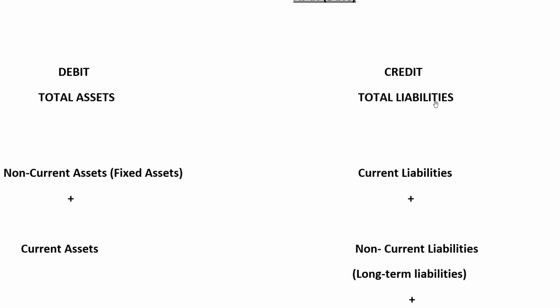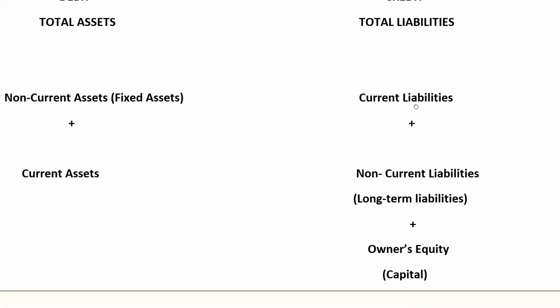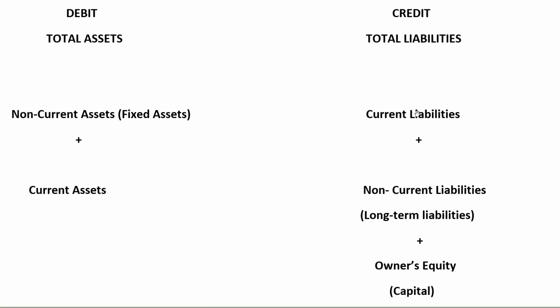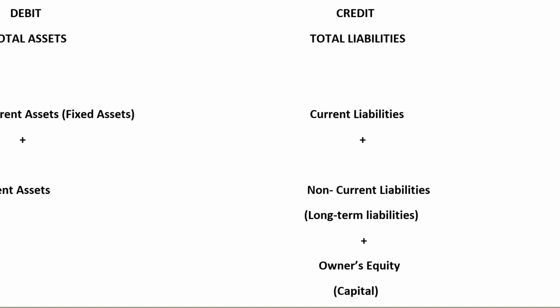And on the right side, you are going to list your liabilities, your long-term liabilities, and your owner's equity. So that is how your horizontal balance sheet would look. Let's move on.